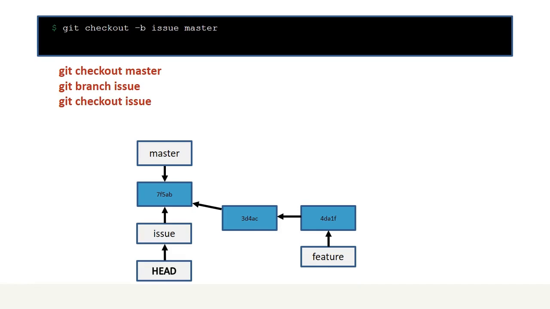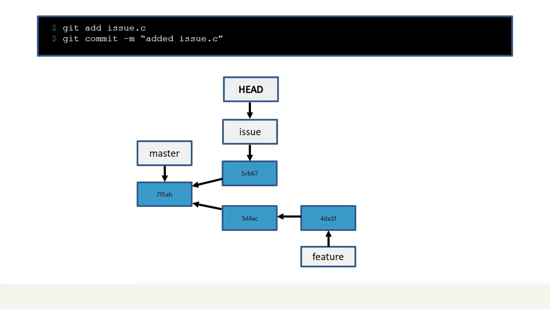Now, let's say I want to go back and do some work on a new branch. I can do that in a single git command, git checkout -b issue master. What that breaks down to is a git checkout on master, and then git branch issue, which is going to create a branch called issue, and it's going to check out that issue branch. So at this point, I'm going to be working on the issue branch.